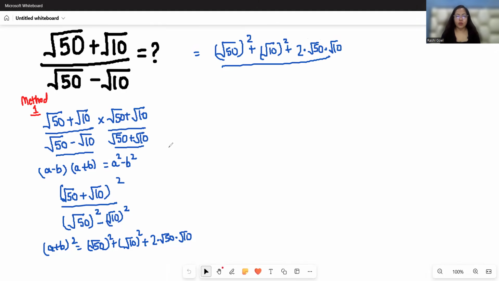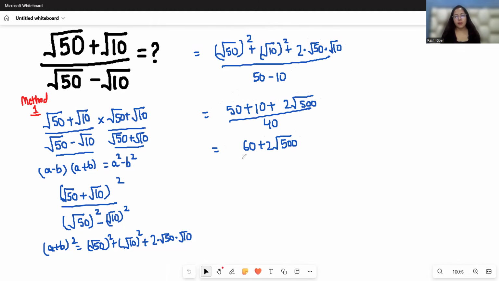With the help of the squares, the square roots are removed, so the denominator becomes 50 − 10. So this becomes 50 + 10 + 2√500 over 40, which is 60 + 2√500 over 40.